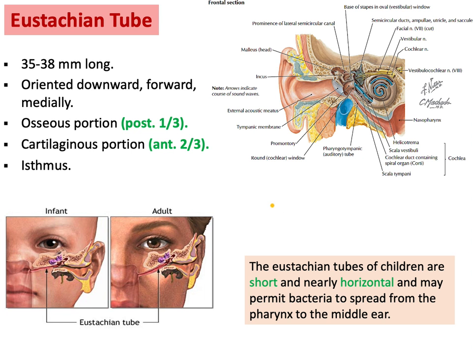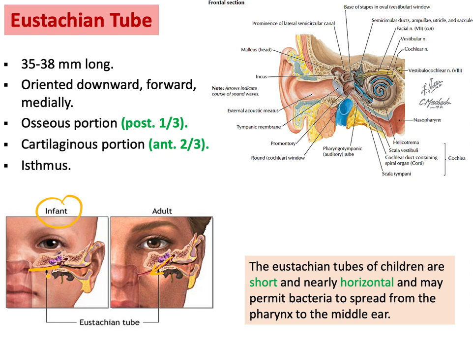So what you need to know about this tube is that in adults it's about 40 millimeters in length, and the Eustachian tube is directed, as you see here in the adult, downward, forward, and medially, although in infants it's a little bit horizontal.